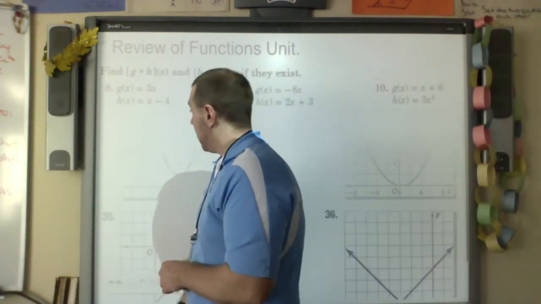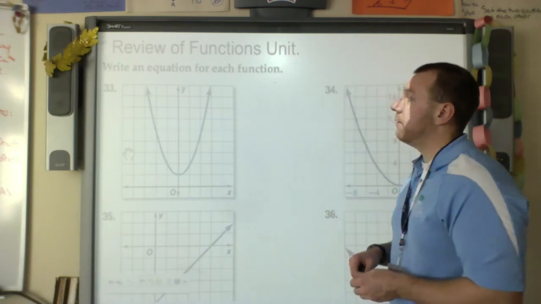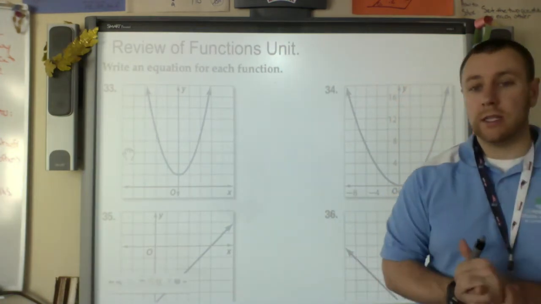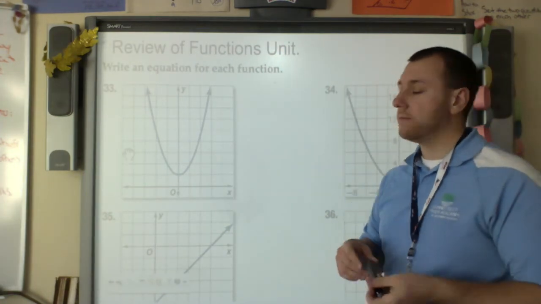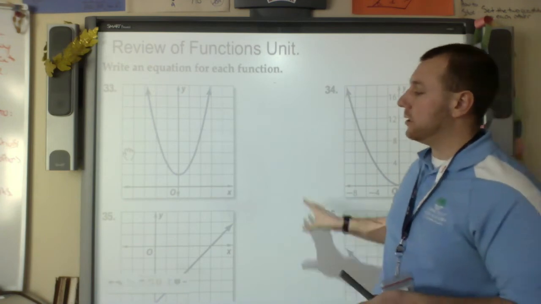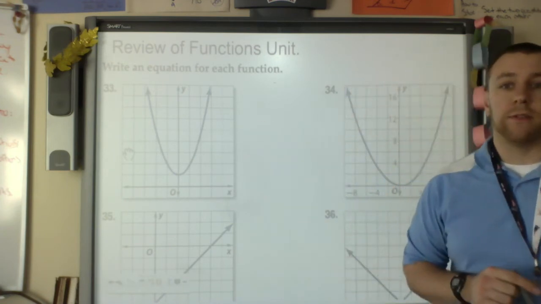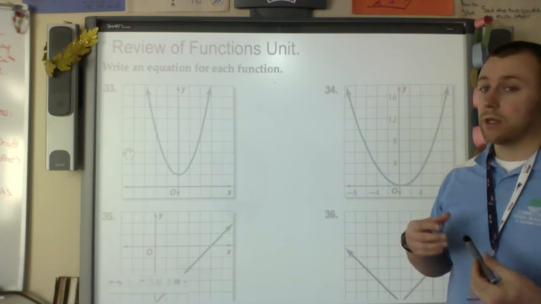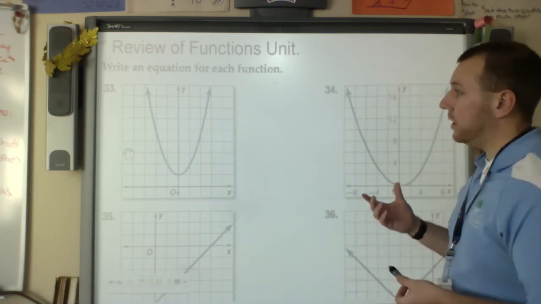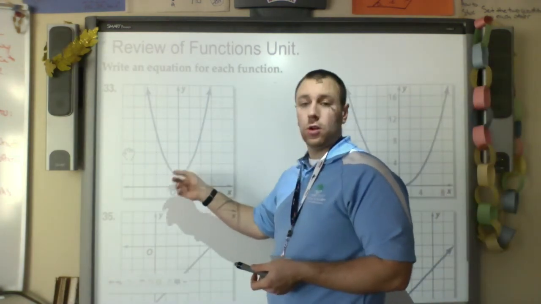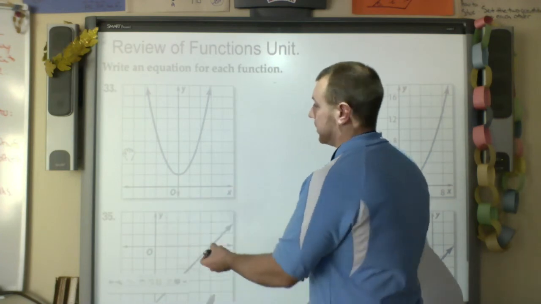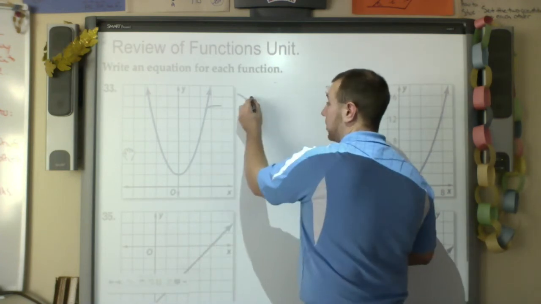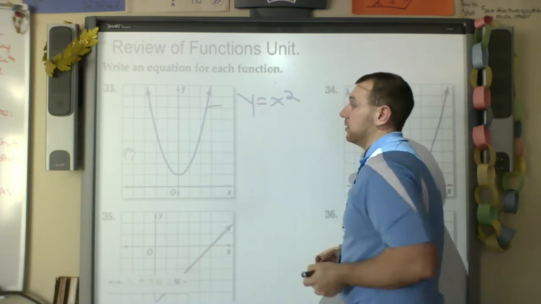Okay. The last part of the test, or the assessment, is going to be on function transformations. So when you see something move up like this, well, first off, this is quadratic, so it's going to start off with x squared.